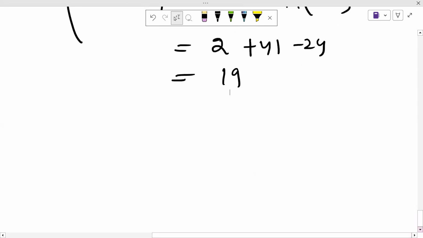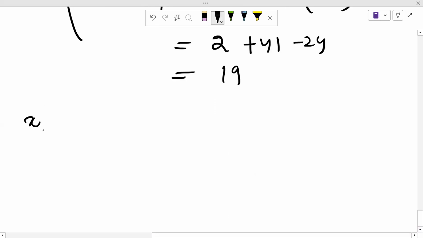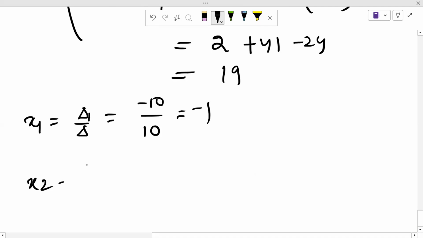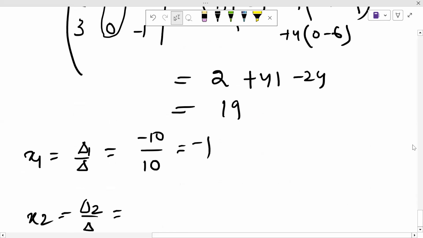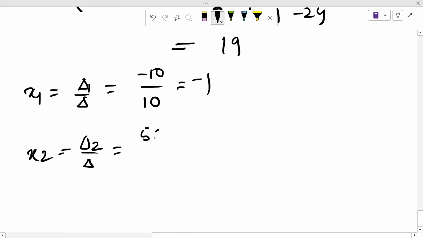Then what is the value of x1? Now x1 is represented here. X1 is equal to del 1 by del. That is, del 1 is minus 10 and del is 10, right? So that is minus 1. And x2 is equal to del 2 by del. What is del 2? Del 2 is 53, so 53 by 10, that is 5.3.